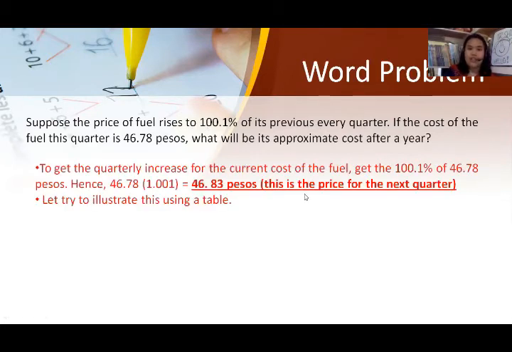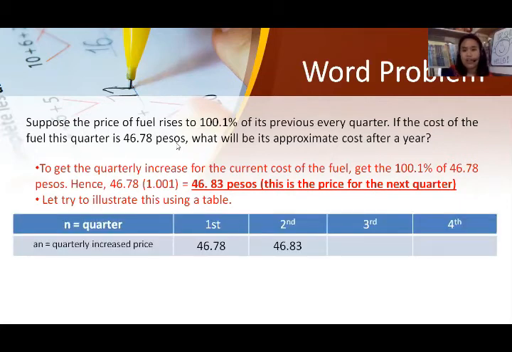And converting this 100.1%, we need to convert the percent sign into decimal. So we have 1.001. So to get the quarterly increase for the current cost of the fuel, get the 100.1% of 46.78 pesos. Hence, we have 46.83 pesos. This is the price for the next quarter or for the second quarter since given na yung ating first quarter.